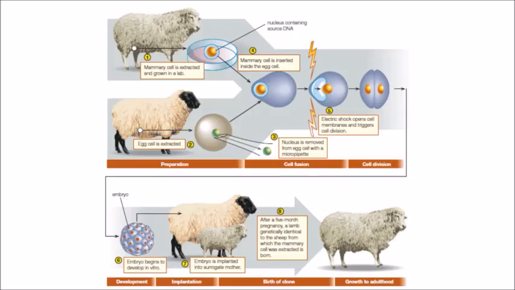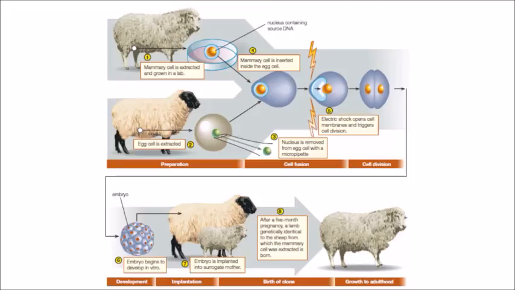So the example that we're going to be looking at in our secondhand investigation is in fact the example of Dolly the sheep, in which a cell was extracted from Dolly. Then the nucleus of the cell was removed from the egg. Then we see the mammary cell inserted inside the egg.